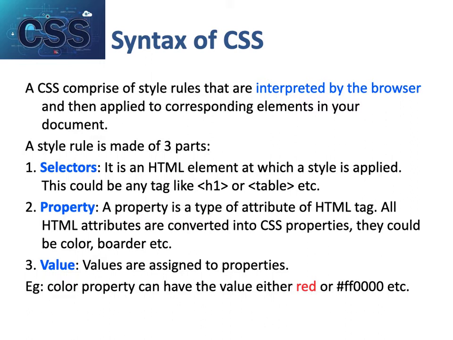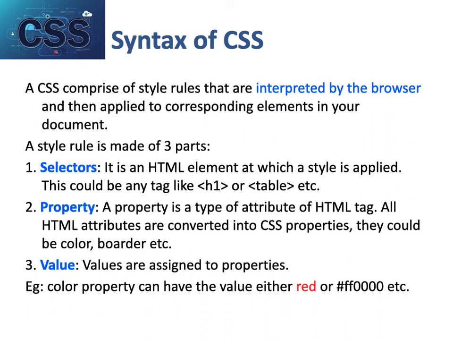CSS comprises style rules that are interpreted by the browser and then applied to corresponding elements in your document. The style rule is made of three parts: selectors, properties, and values. Selectors are any HTML element to which the style is applied. Examples are the h1 tag, the heading tag, or a table tag.